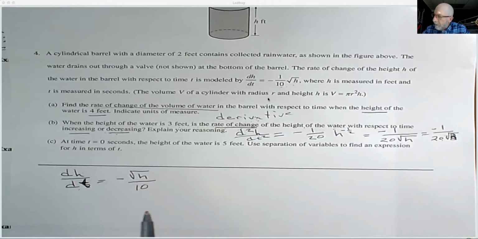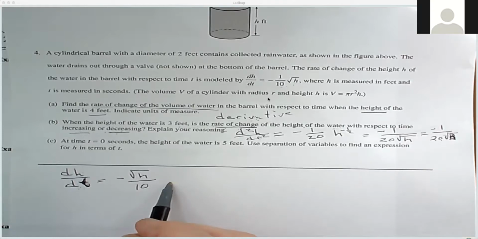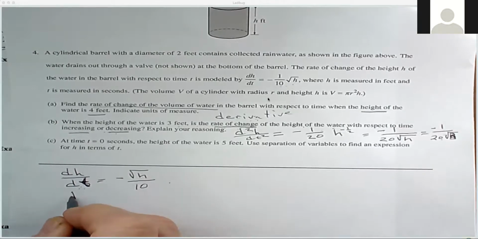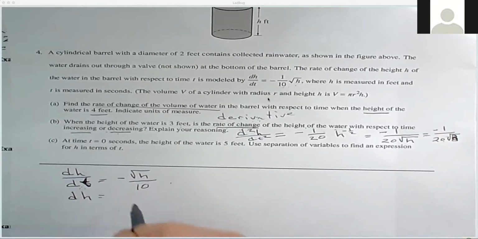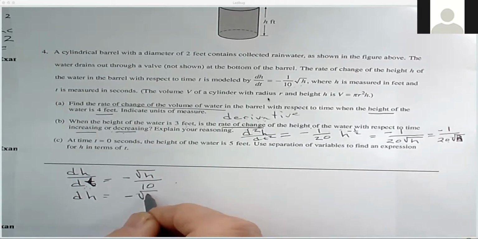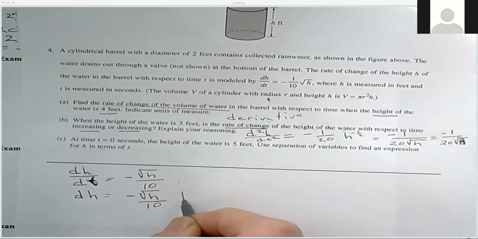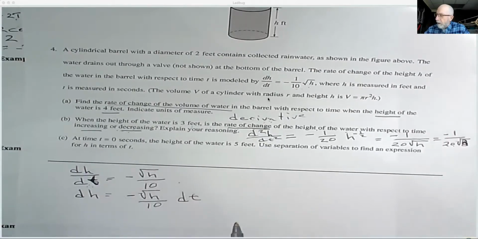That's an ugly t too, and I apologize. So how do I get this dt over to here? We multiply it. And we're going to eventually integrate. I'm going to integrate the right side, and I'm going to integrate the left side, okay?